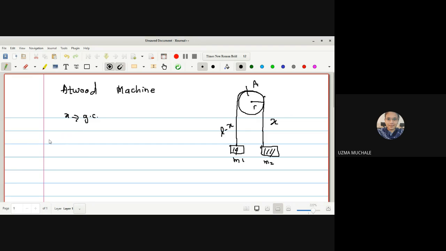Now, following the steps: first we find the generalized coordinate, then kinetic energy, potential energy, then the Lagrangian, then go to the Lagrange's equation of motion. Does everyone know the steps?